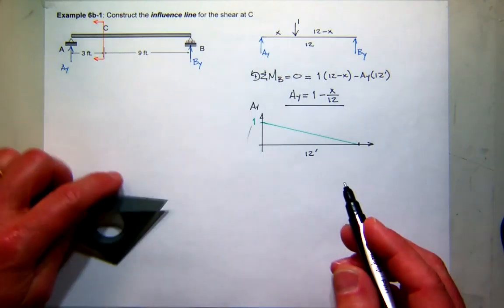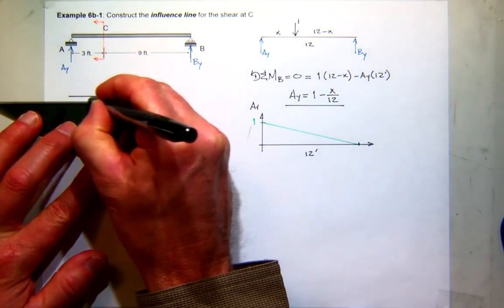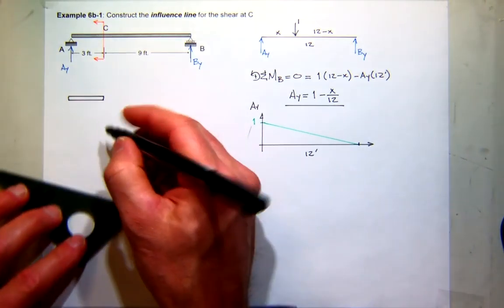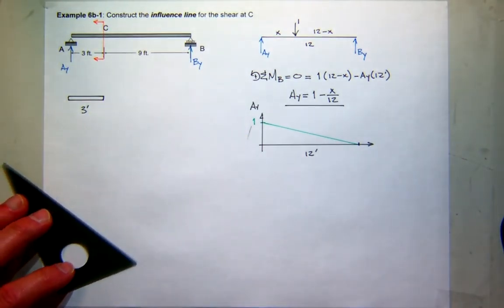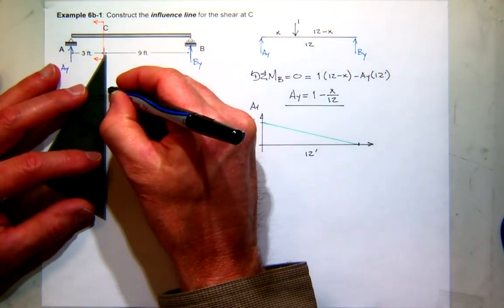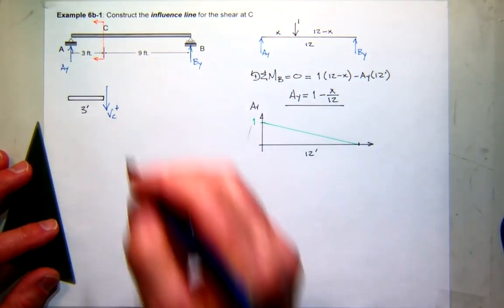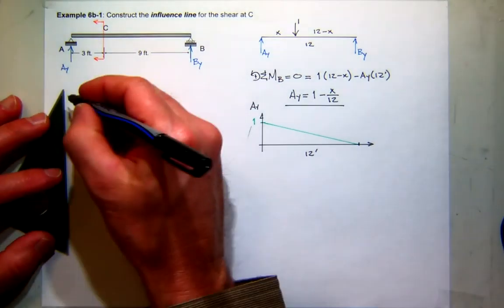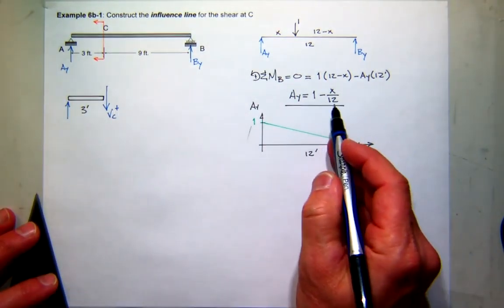So now with that said, let's come up here and draw the free body diagram for this section. Remember, I'm looking for the internal shear at C. So there it is. Positive shear is down. And what's my reaction at AY? 1 minus X over 12.